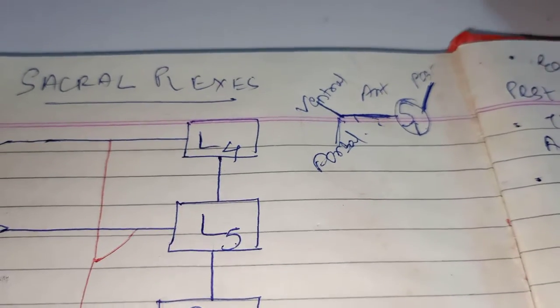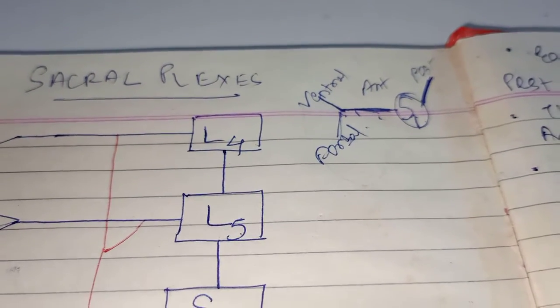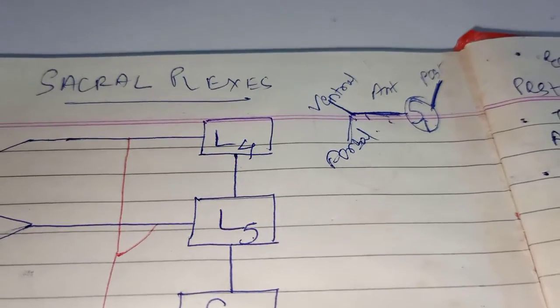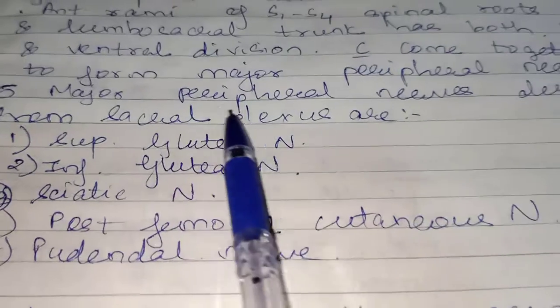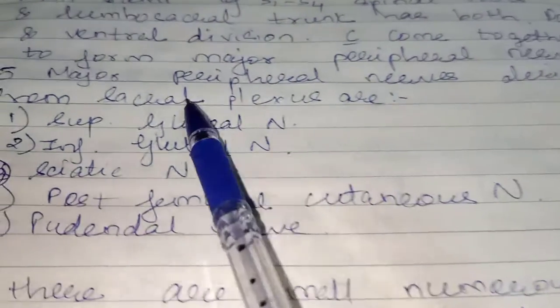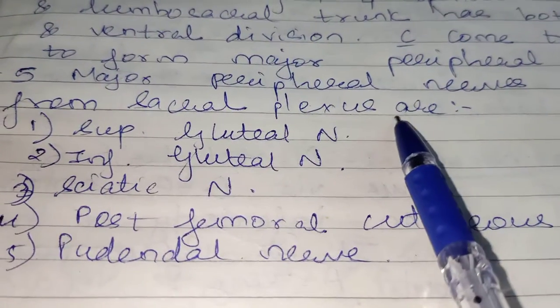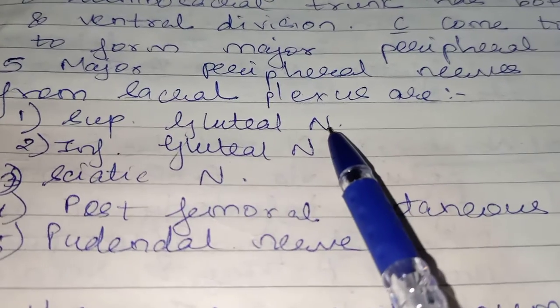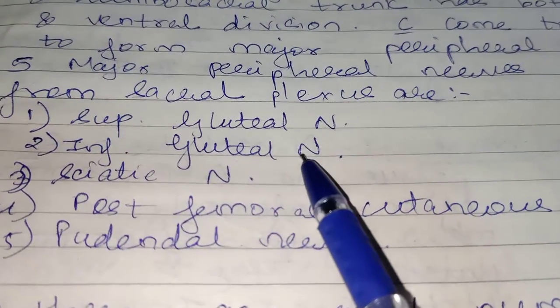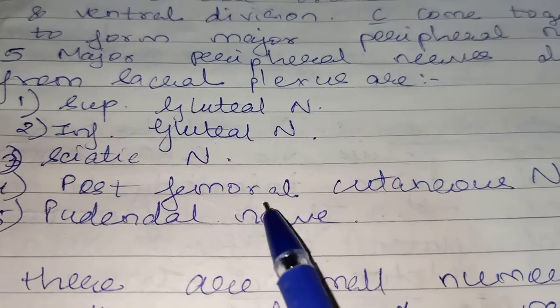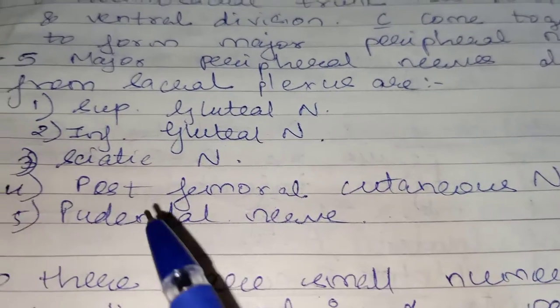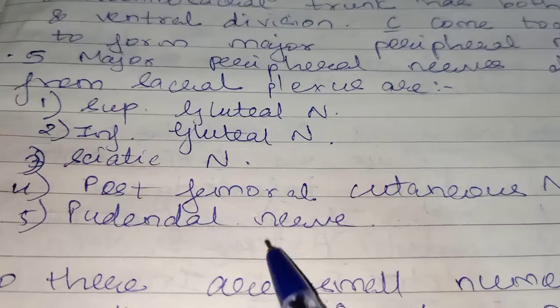Now which are the important nerves which are forming the sacral plexus? The 5 major peripheral nerves derived from the sacral plexus are the superior gluteal nerve, inferior gluteal nerve, sciatic nerve, posterior femoral cutaneous nerve and the pudendal nerve.